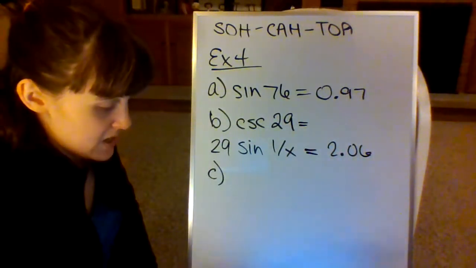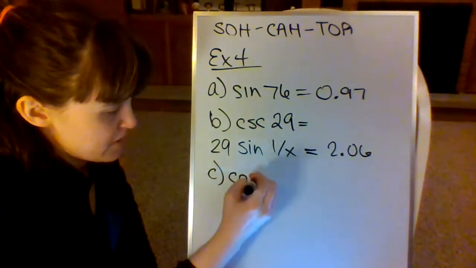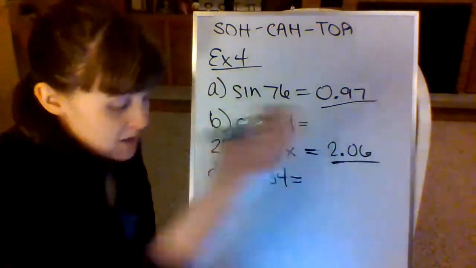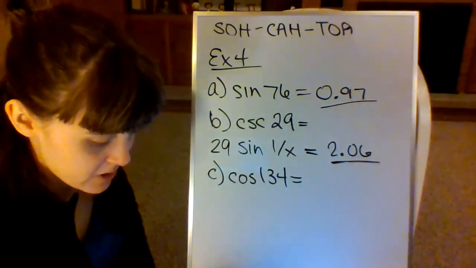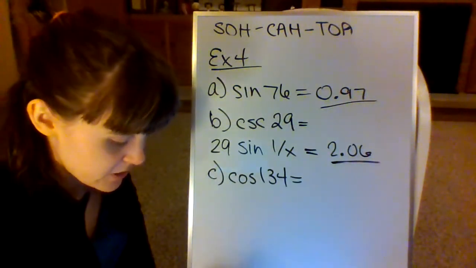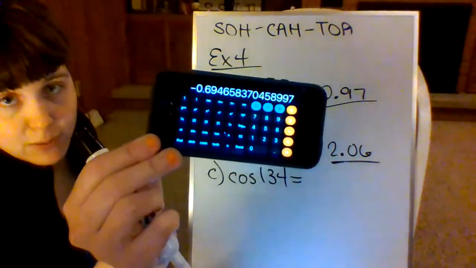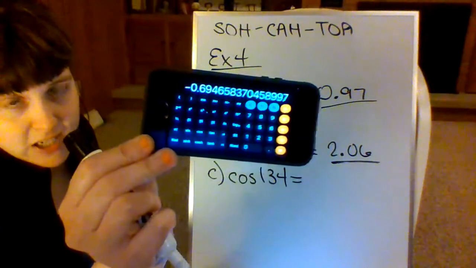Okay, part C says cosine 134. So we're going to do 134 and then press cosine. And if you round this to the nearest hundredth, that would be negative 0.69.